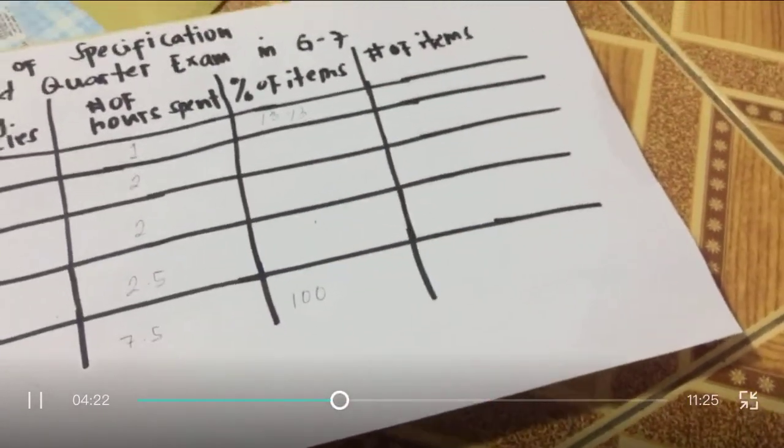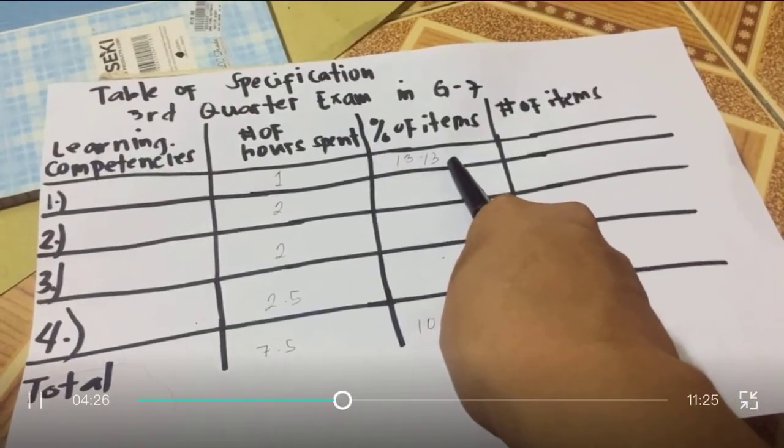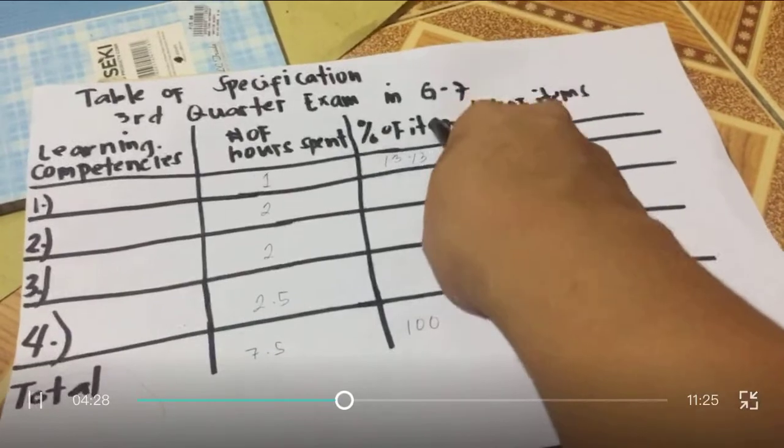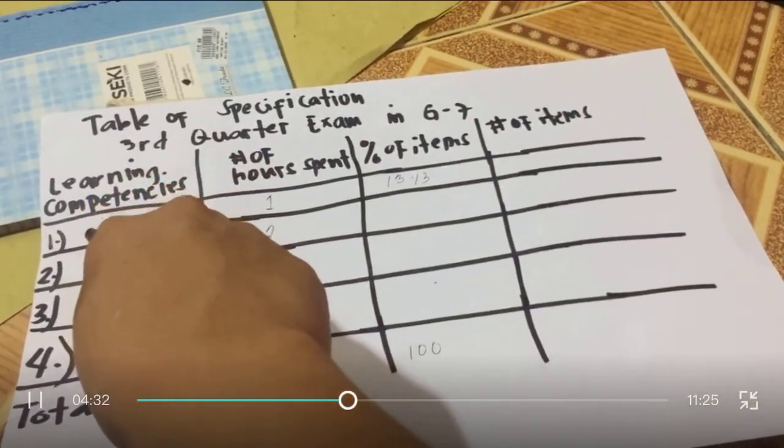So 13.33 is the percent of items in learning competency 1.